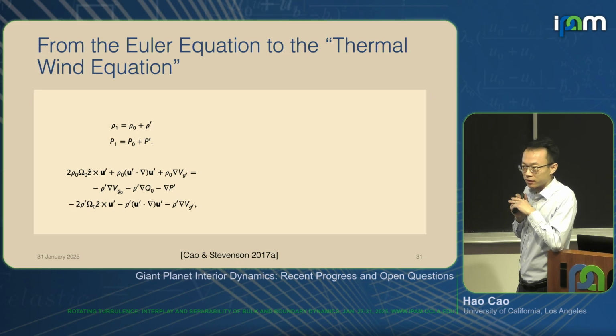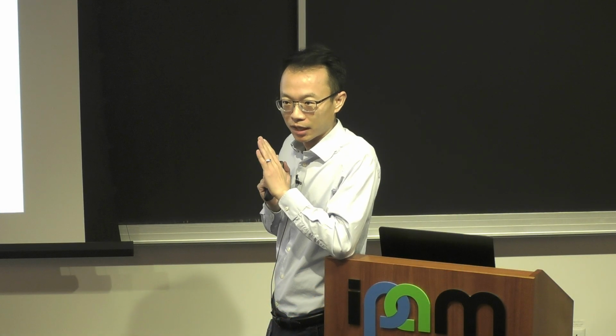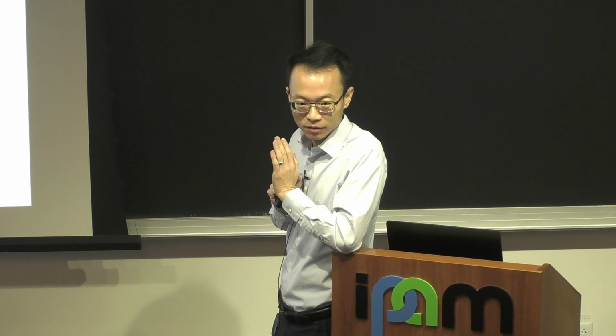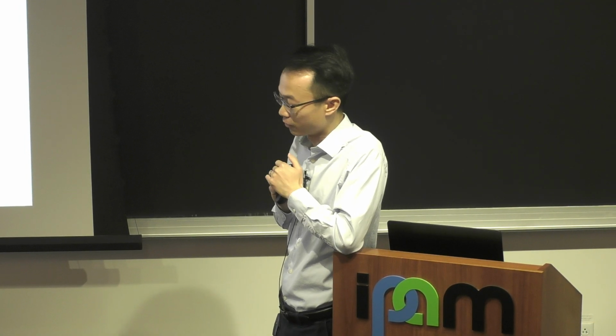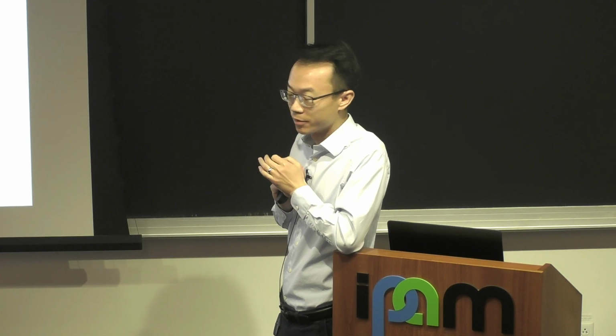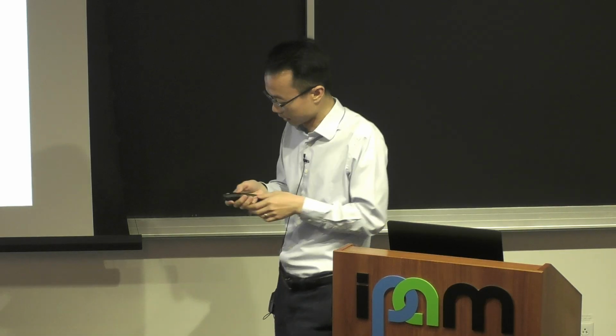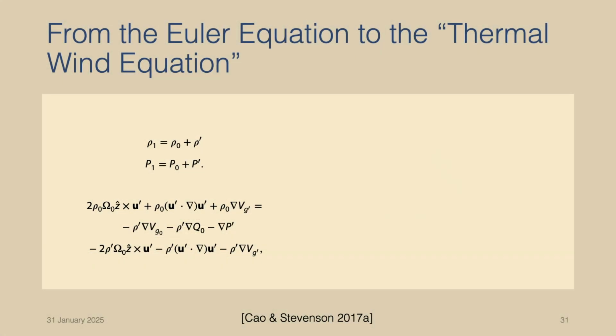I must confess, this is an inappropriate name. If I had a choice, I would call it a thermal wind-like equation, because it is not the thermal wind equation we use for dynamics in Boussinesq approximations and anelastic approximations. So what you can do here is say, I've got winds, and the winds are small compared to the background rotation.